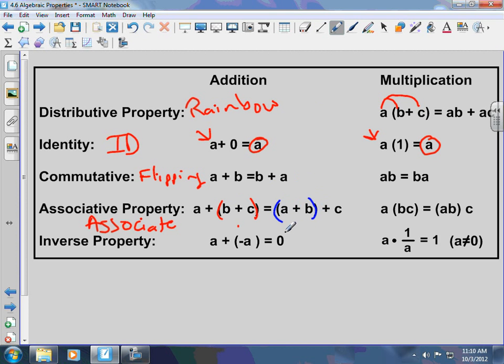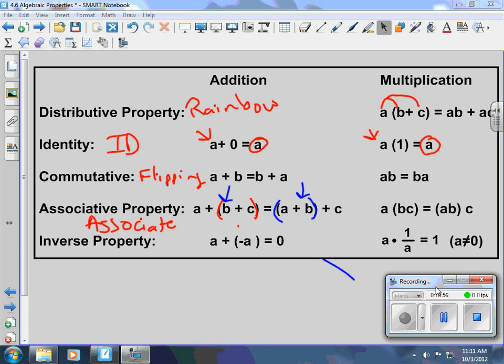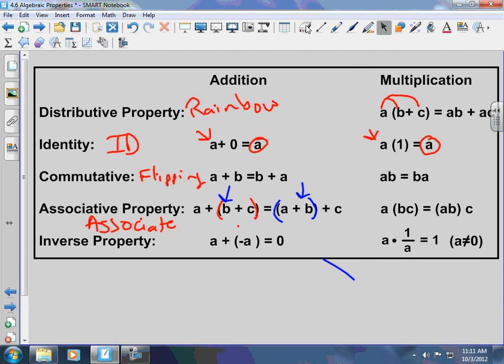He is acting like an associative. It's grouping. B is grouped with C, and then B gets grouped with A. Acting like an associative. We're dealing with association.